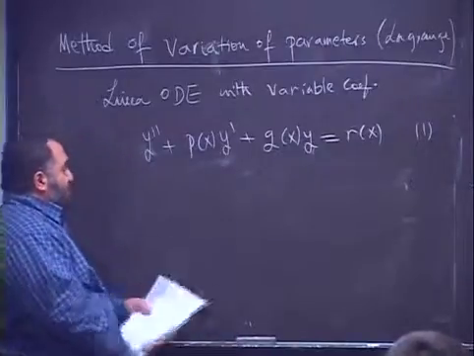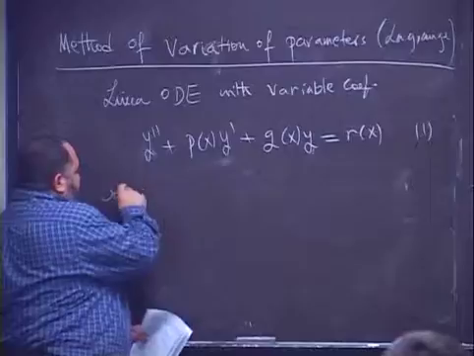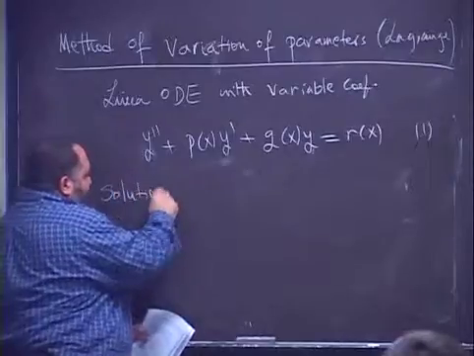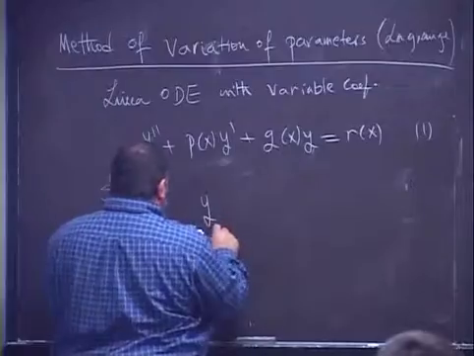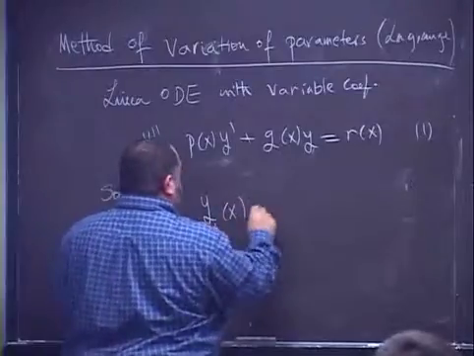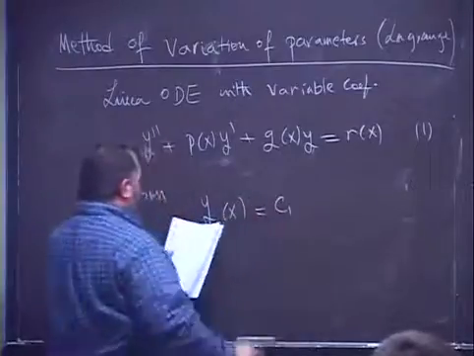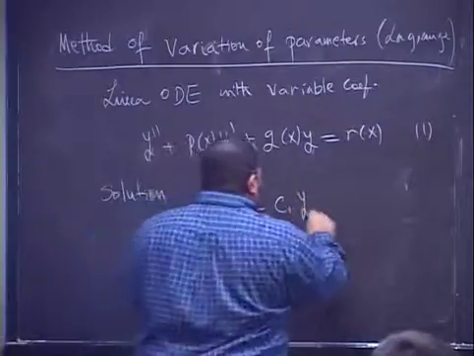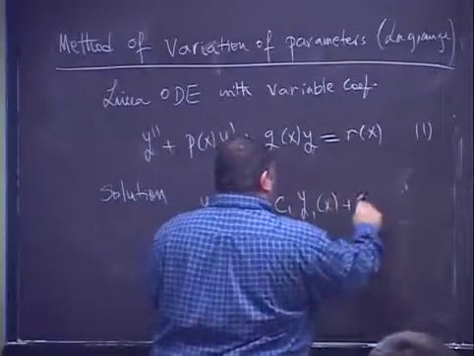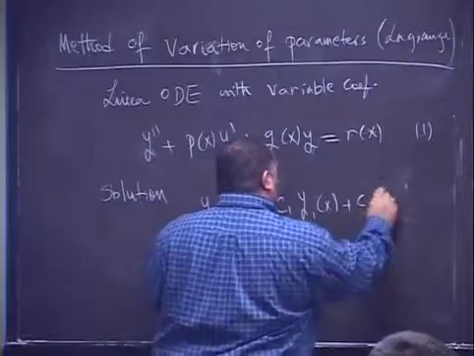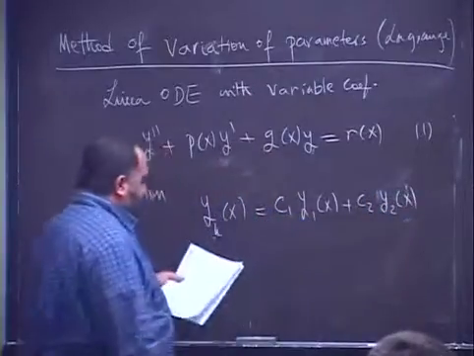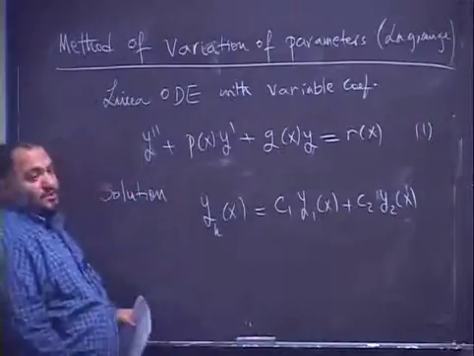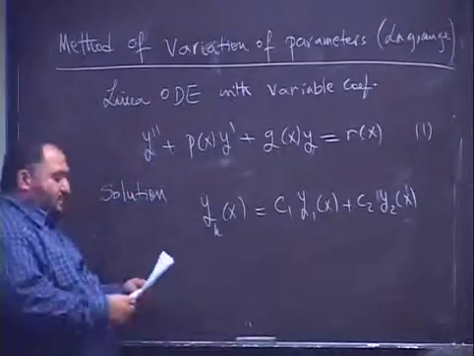The solution for this equation usually will be y homogeneous of x will be c1 y1 of x plus c2 y2 of x, and those are the two independent solutions.